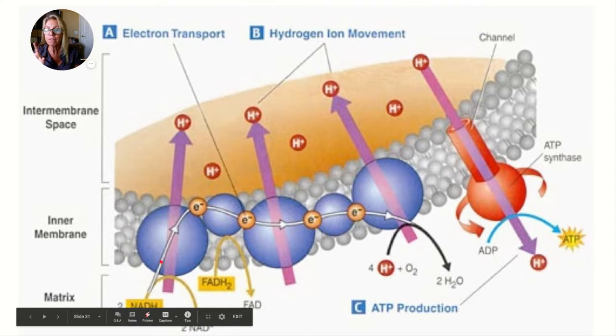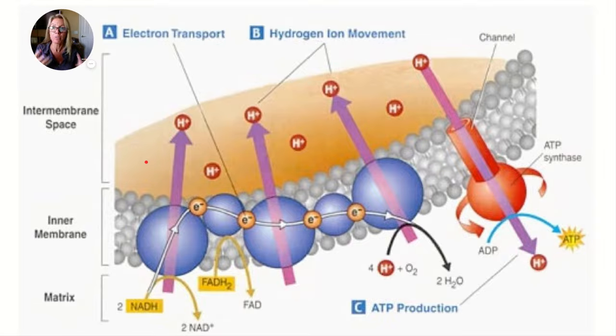They drop off their electrons, and now our NAD is oxidized. It had the electrons and it drops them off. Remember, all electron transport chains are a series of redox reactions. You're oxidizing the NAD and reducing the first molecule that accepts it. So these electrons are getting passed through the electron transport chain.